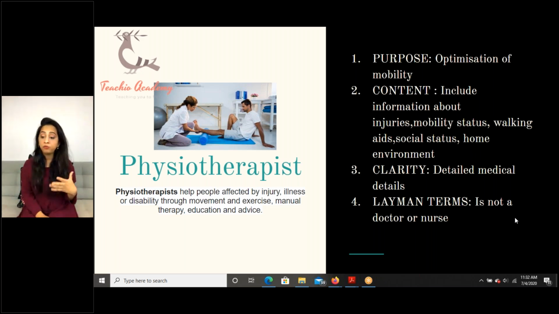So we'll touch upon a few more non-medical or non-doctor audiences that you might get, but this is the first one that you might have to explain the difficult medical words for. Guys, if you've understood the concept of purpose, content, clarity, and layman's terms for a physiotherapist, please type in yes and then we can move on.